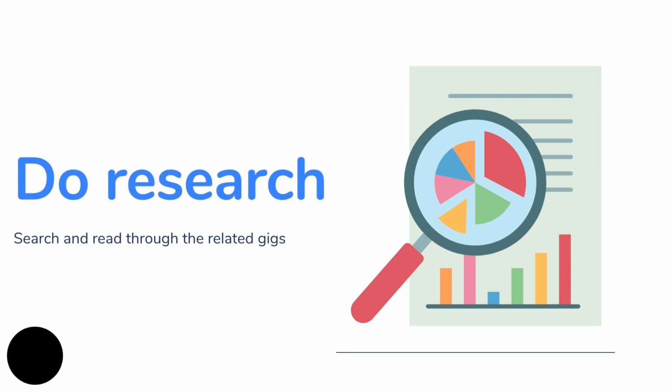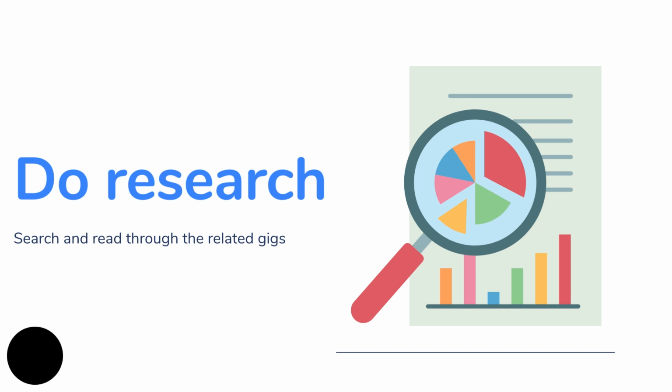Number one is do some research. Before creating a gig description, it is important that you do some research about the gigs that are already existing on that particular service. For example, you've created a gig about video editing.